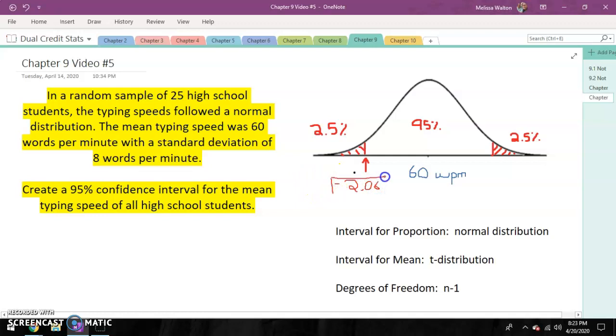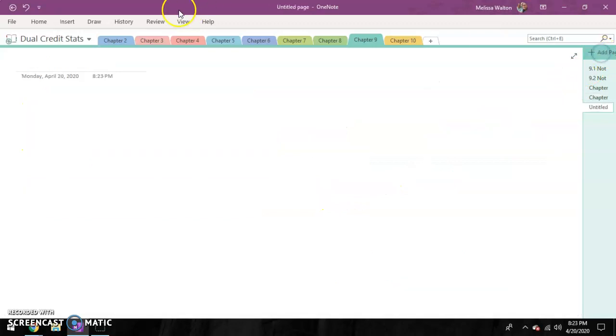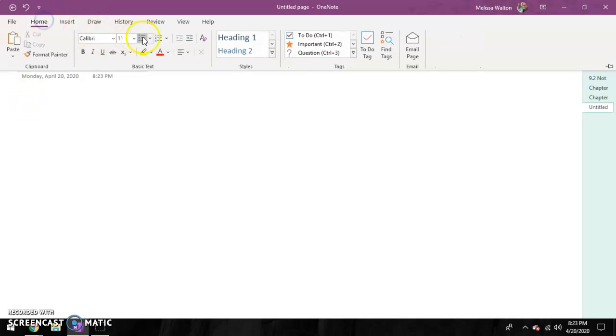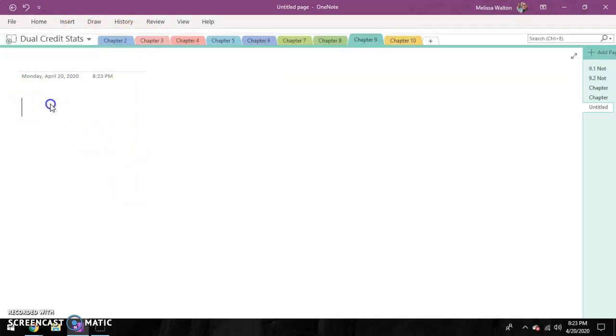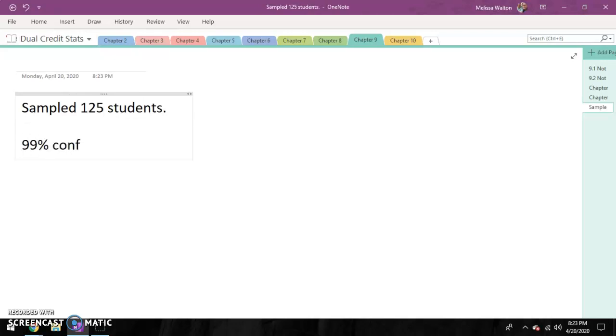All right, so I'm going to change this problem and we're going to do it again. Let's say in this case we sampled 125 students. And then let's say that I want a 99% confidence interval for the mean typing speed.